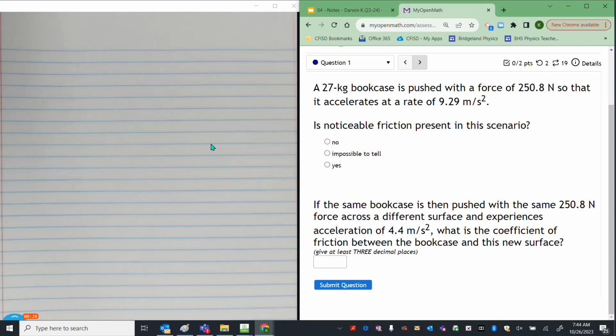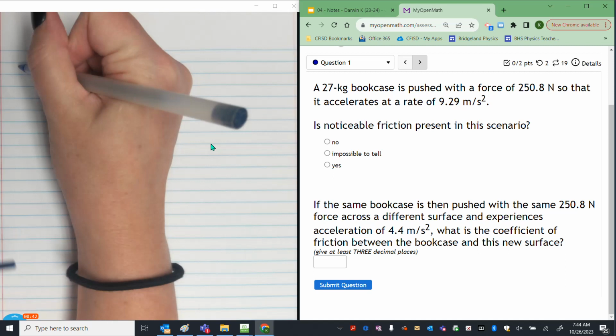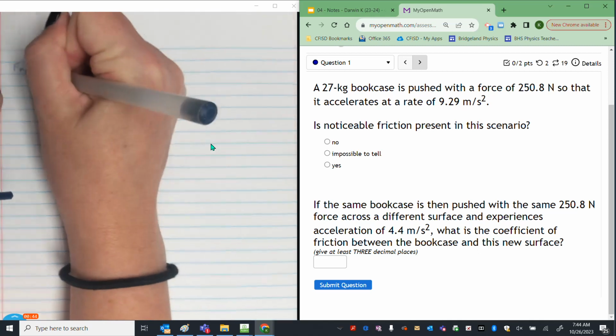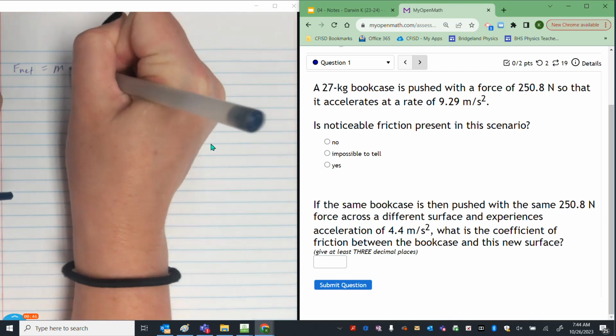So if you look at this, when you apply a certain amount of force, in this case 250.8 newtons, to something with a mass of 27 kilograms, you would expect it to have a certain amount of acceleration, and you can calculate that. You can use F net equals ma to calculate what you would expect that acceleration to be.